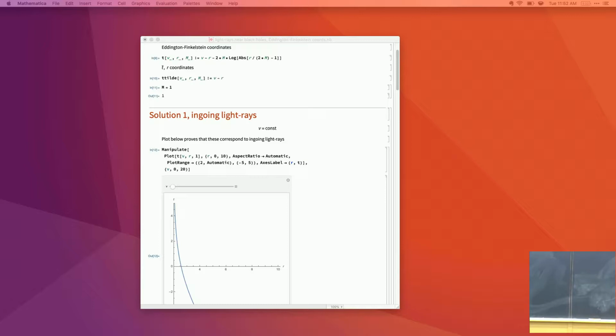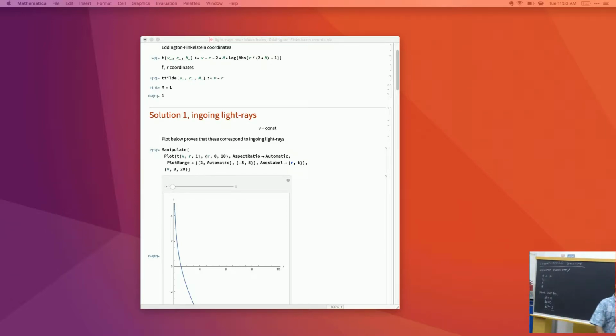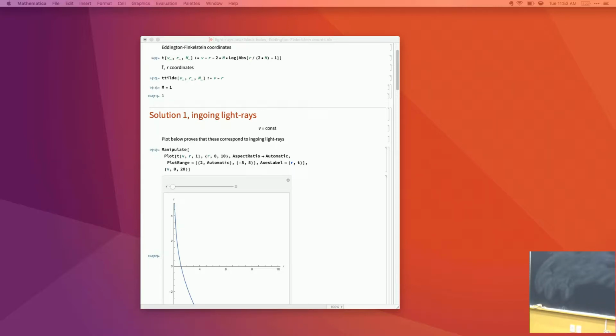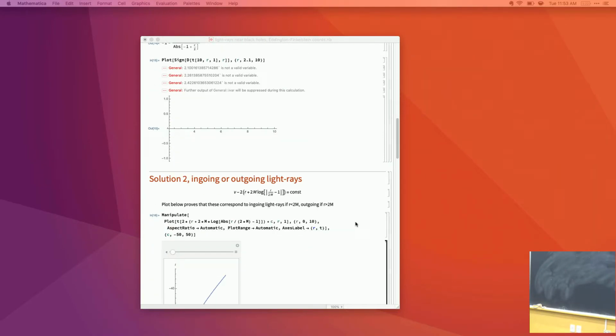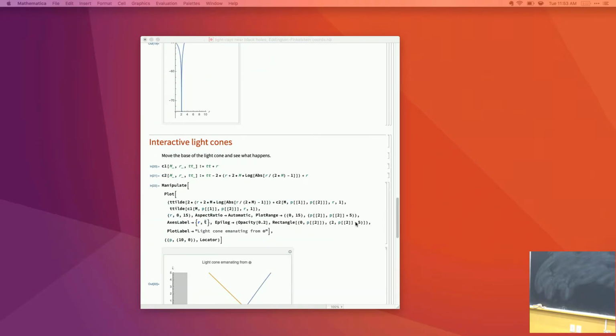So you set theta to 0, phi to 0, and since it's a light ray, you add the extra requirement. Then you specify a radial light ray, solve the resulting equation, and you have the equation of radial light rays in Schwarzschild spacetime. Then you can plot what happens with the light cones, and that's what I've done here.